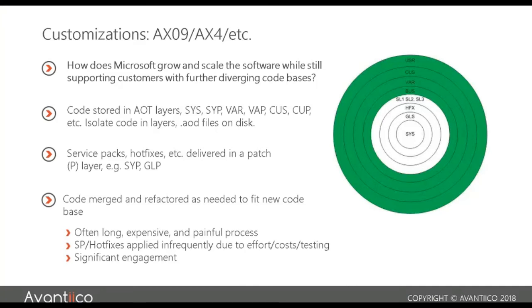So these layers in 2009 and 4.0 were AOD files, application object data files, stored on disk. The problem is, if Microsoft were to add an update, a service pack, and you've already overlaid that code in the CUS or the VAR layer, you won't see Microsoft's update because you're running an overlaid version on top of that.